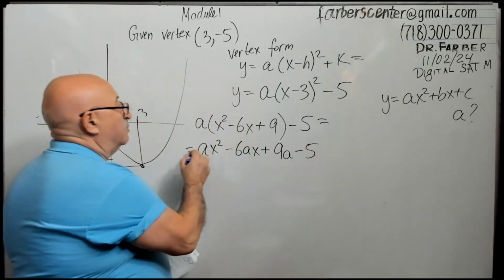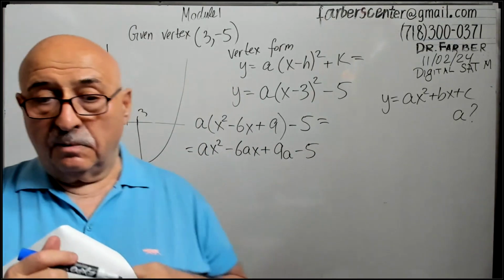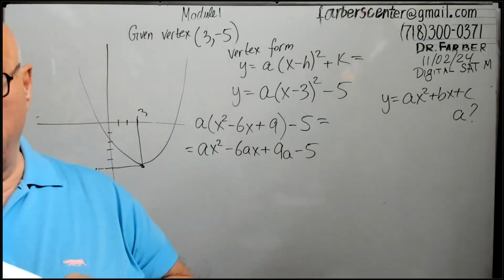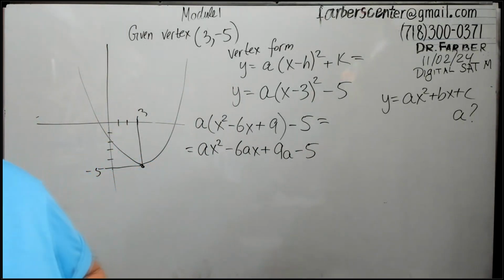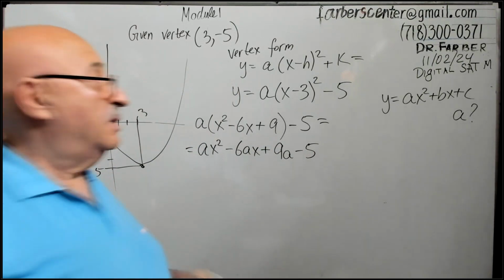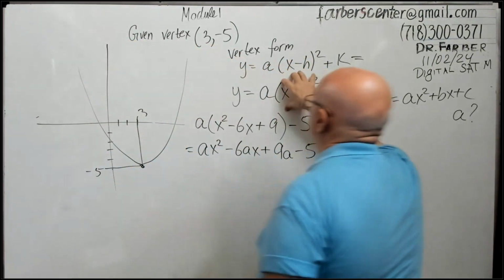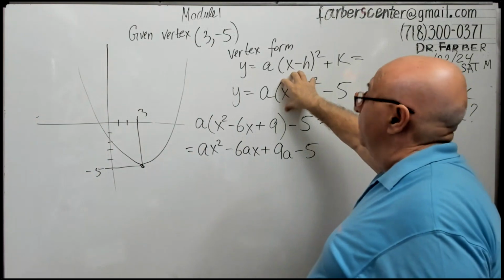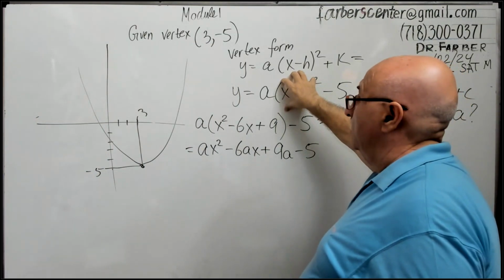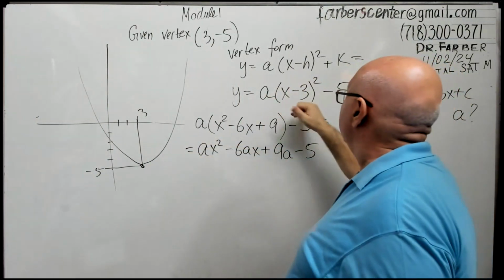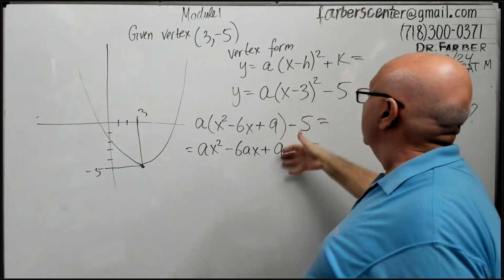You understand up to this point? I use the vertex form of the parabola. Any questions, please. Put your hands down. Again, if you have any question, what I did, I used the vertex form, plugged in the coordinates of the vertex and got this expanded form.